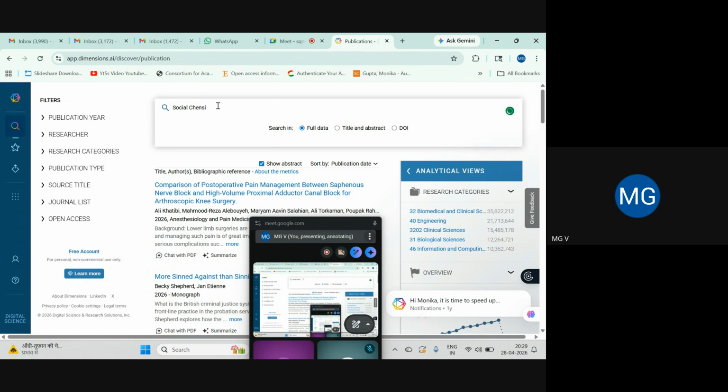Social cohesion, and sustainable development. Right. So you need full data? Title and abstract only? Enough. Okay. Let us see if we are able to get the results.